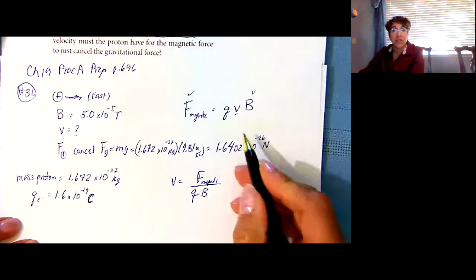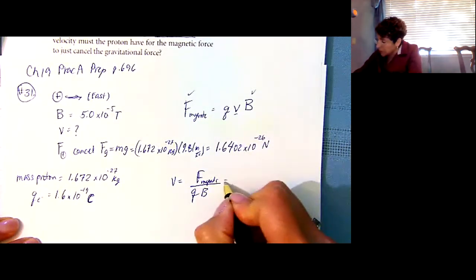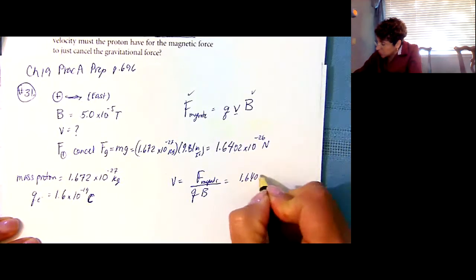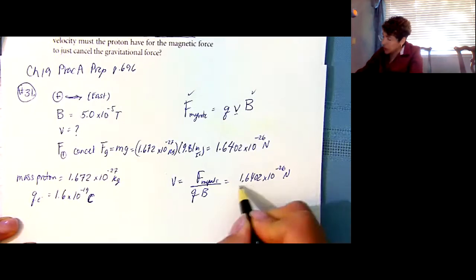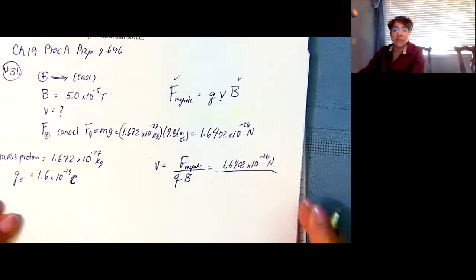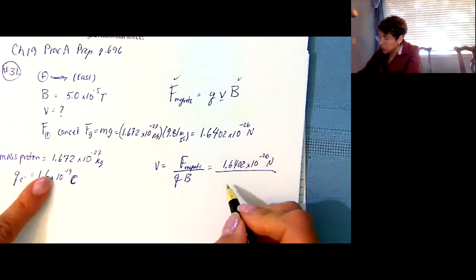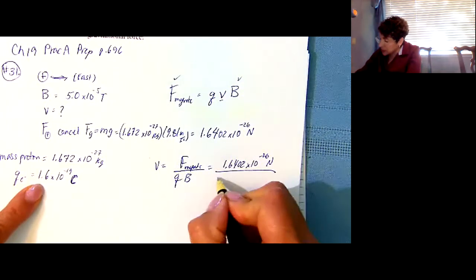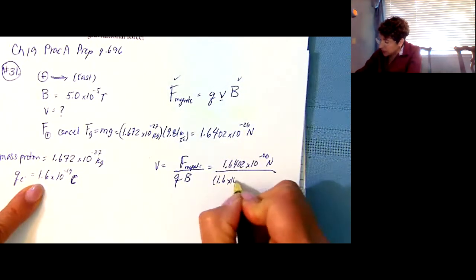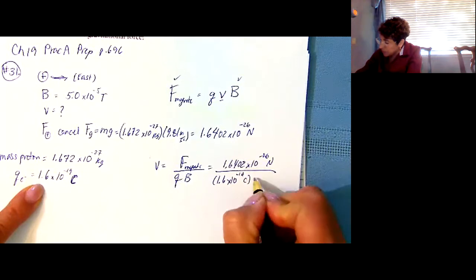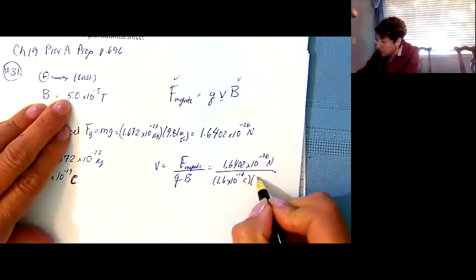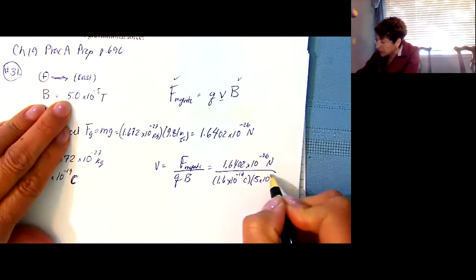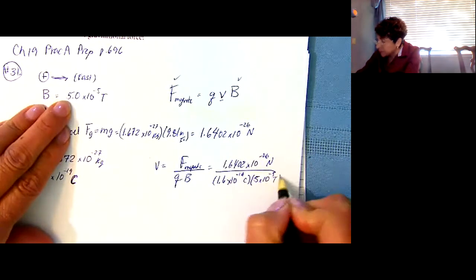And my force, I just figured out, is this big old long number, 1.6402 times 10 to the negative 26. But of course, I will use the number on the calculator. Divided by Q, which is 1.6 times 10 to the negative 19 coulombs, and B, which they gave you earlier, is 5 times 10 to the negative 5 Tesla.